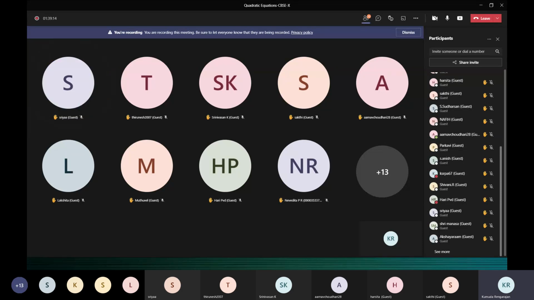Okay, Aksharam, Manasa, Shreya, Hariharan, Shivani, Shruti, Anish. Anish, I think, was not in the last class.